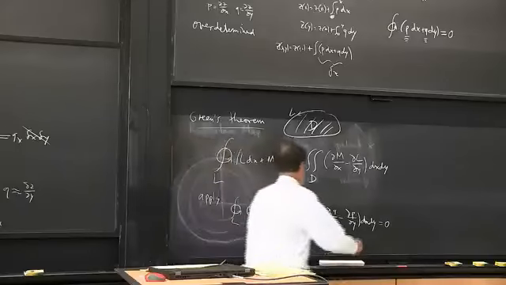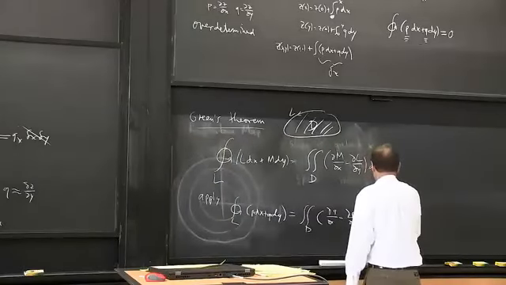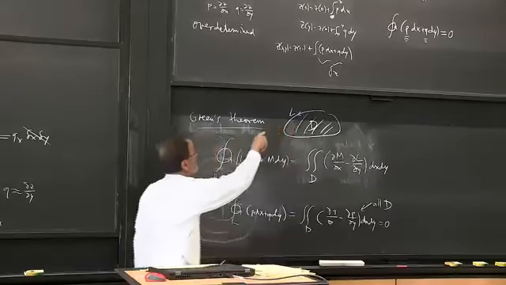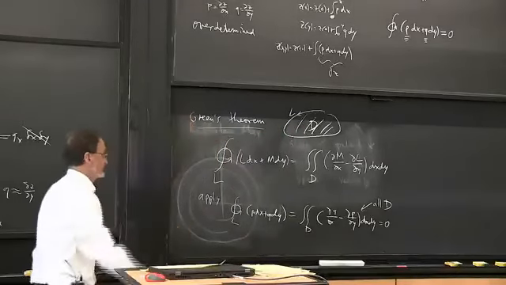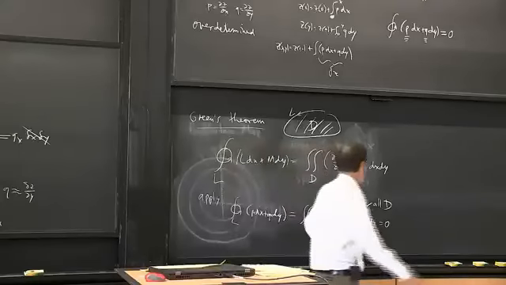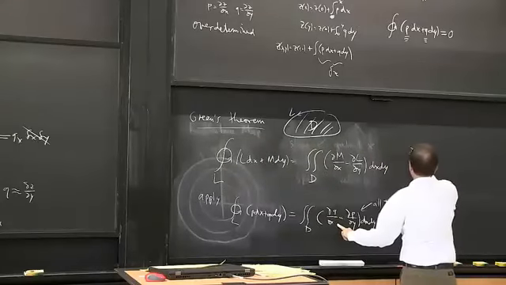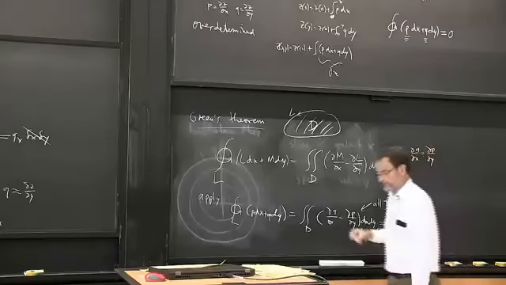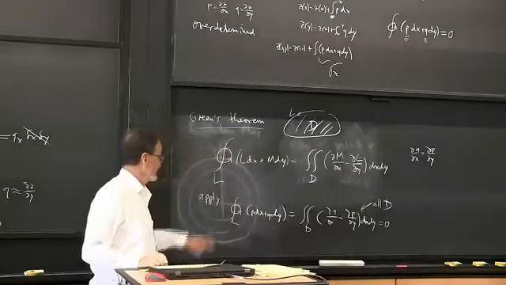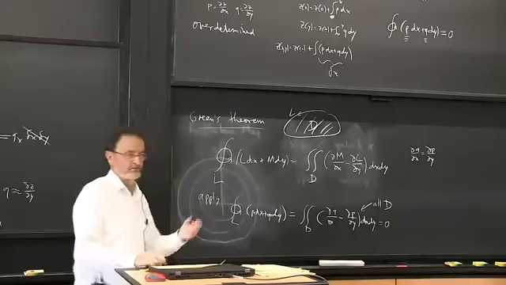Okay, and this has to be true for not just a particular loop, but any loop, small loop, large loop, whatever. And that can only be true if dQ/dx equals dP/dy. Right? Because suppose that quantity, that integrand, was non-zero at some point.